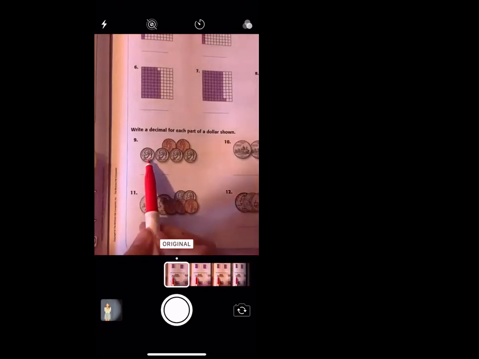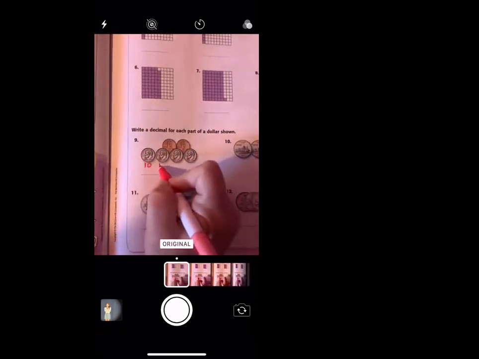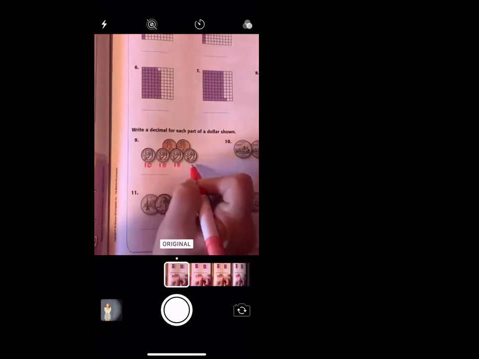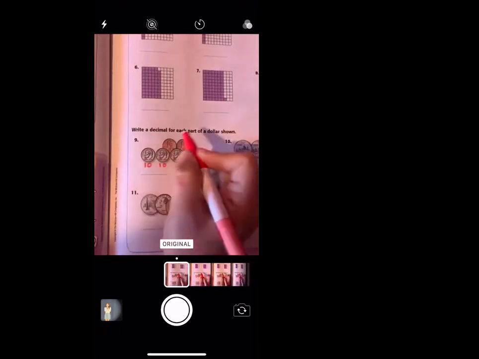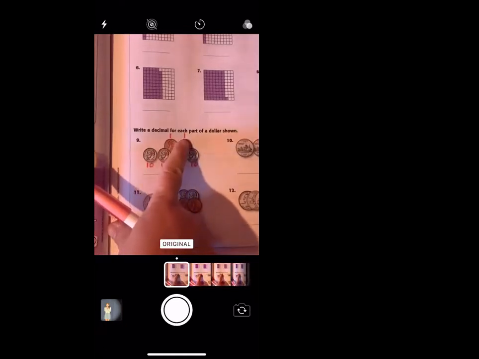Okay, so I'm going to count the coins that are here. So here I have 4 dimes, 1, 2, 3, 4, and I have 2 pennies. Okay, so each of these dimes is worth 10. And each penny is worth 1 cent, right? So I'm going to start by counting by my tens. I have 10, 20, 30, 40, 41, 42.